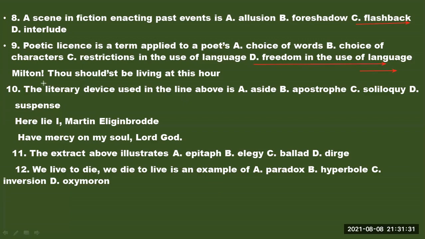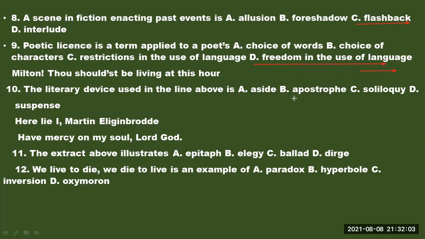Now let's look at this expression, "Milton, thou shouldest be living at this hour." Then question 10 is based on that. The literary device used in the line above is an aside? No, aside is when a character says something that is meant for the audience, but the other characters are not carried along.